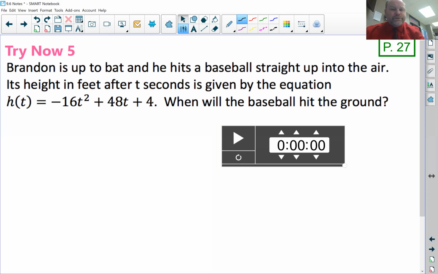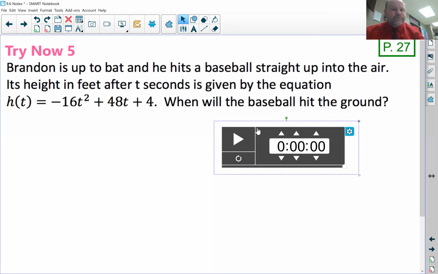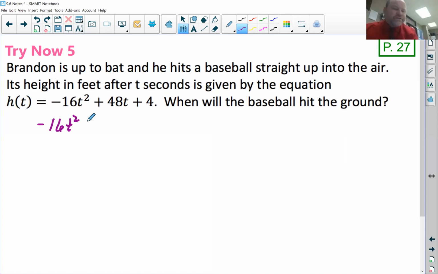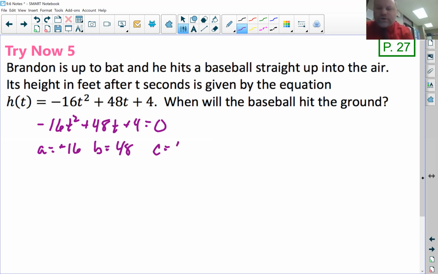All right, so again, we're thinking about this as the equation negative 16t squared plus 48t plus 4 equals 0, because that's the height at ground level. A is negative 16, B is 48, C is 4.